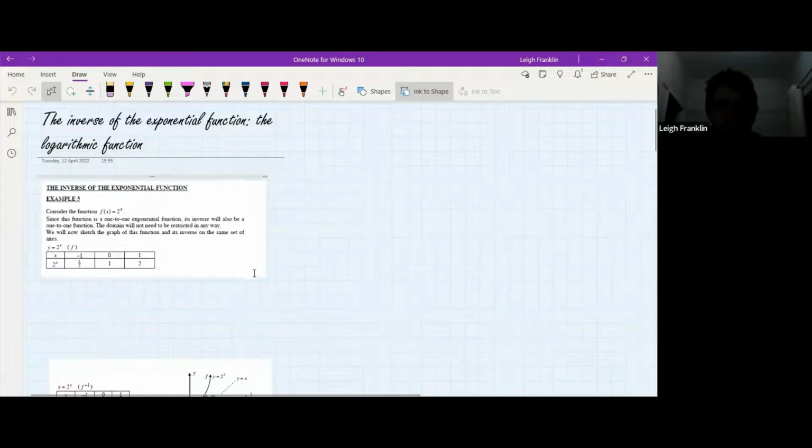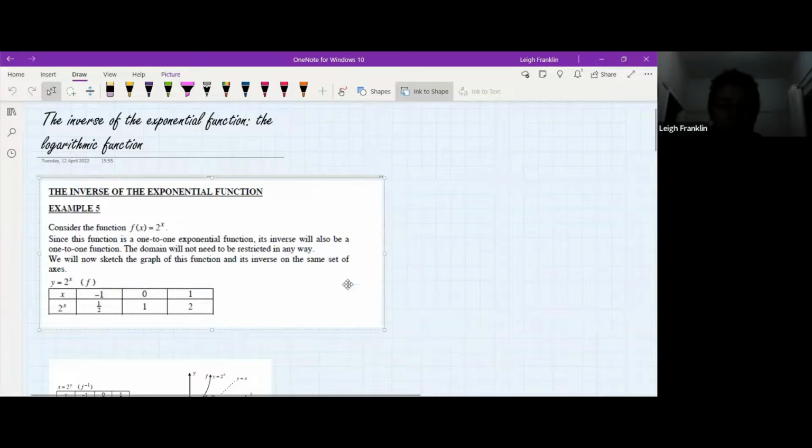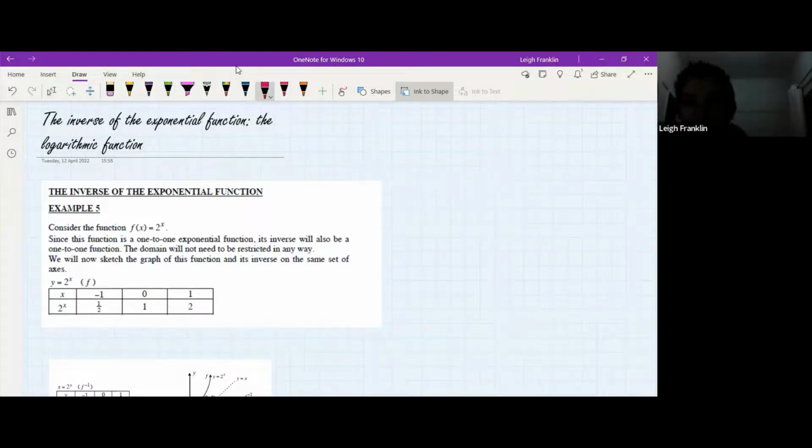When we talk about the inverse of the exponential function, the logarithmic function, what we are doing here is, if we start off with a normal garden variety exponential function like the graph y equals 2 to the x, and we now invert x and y, this is what happens.